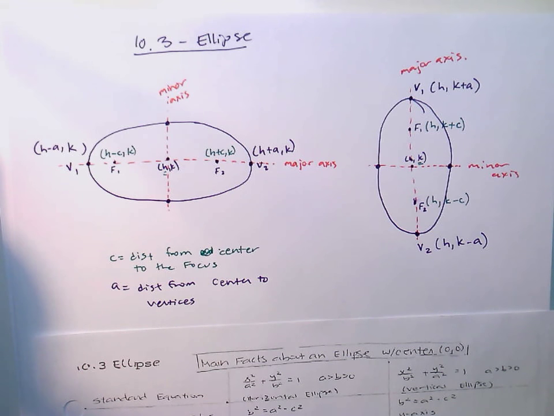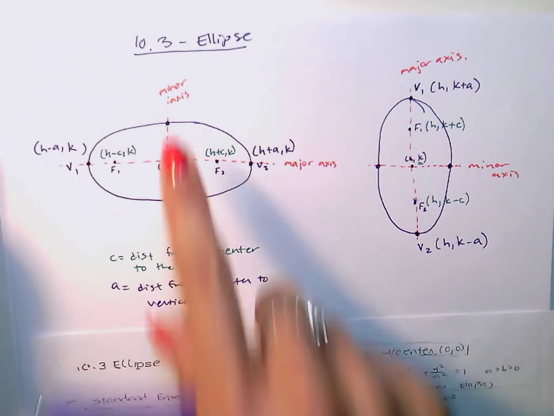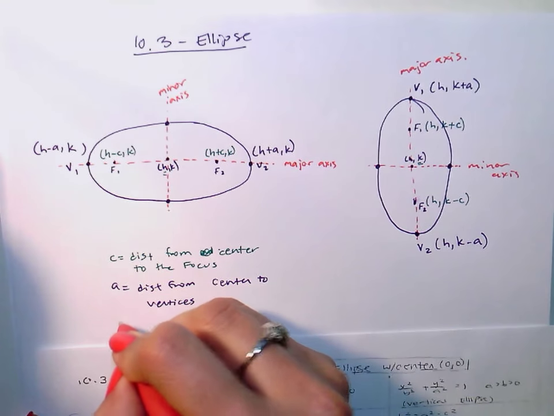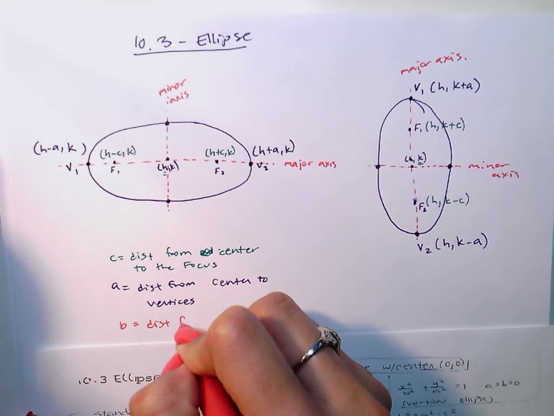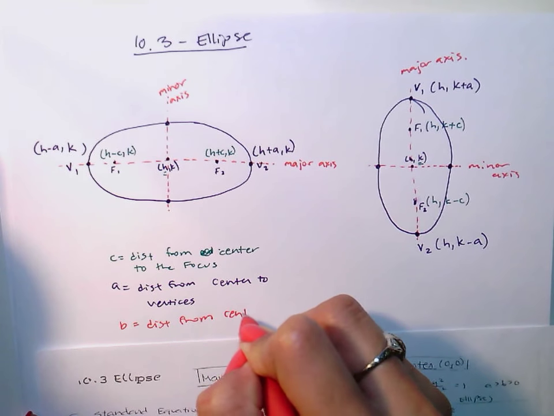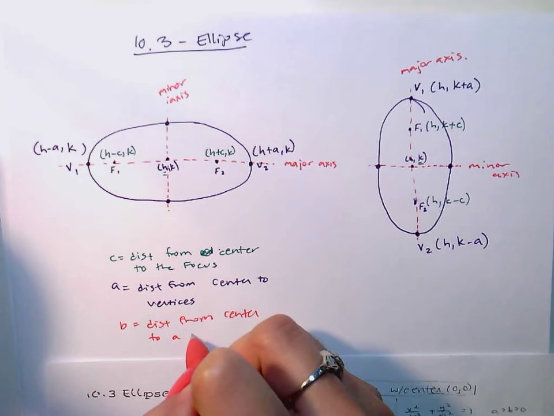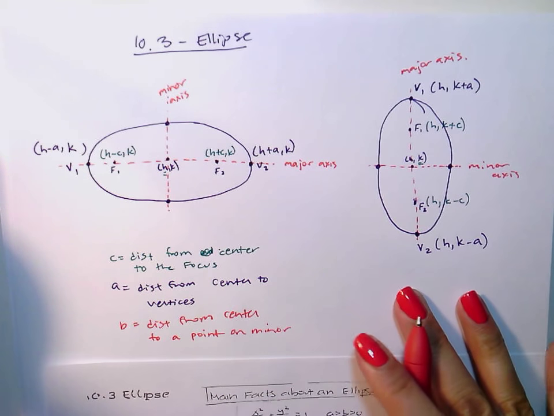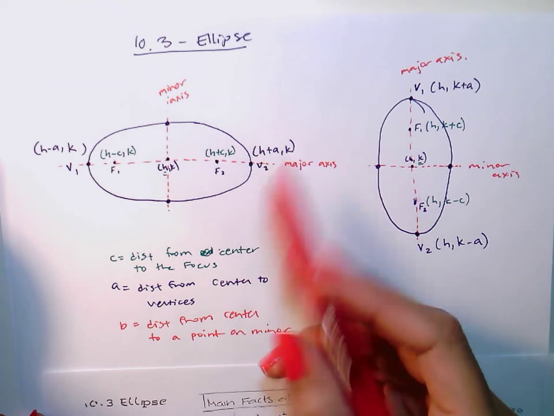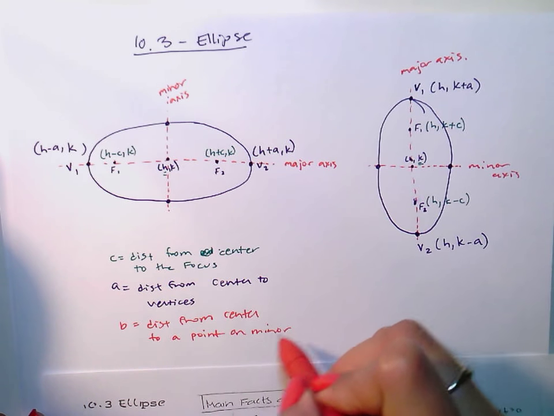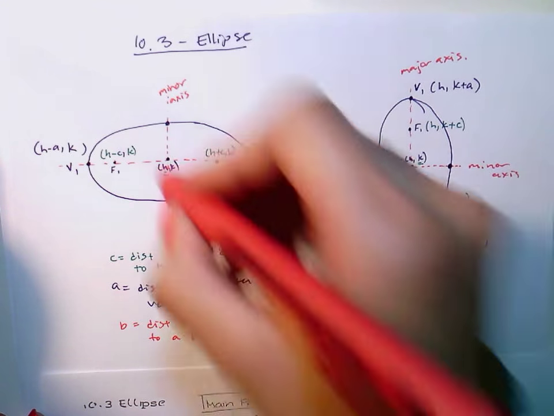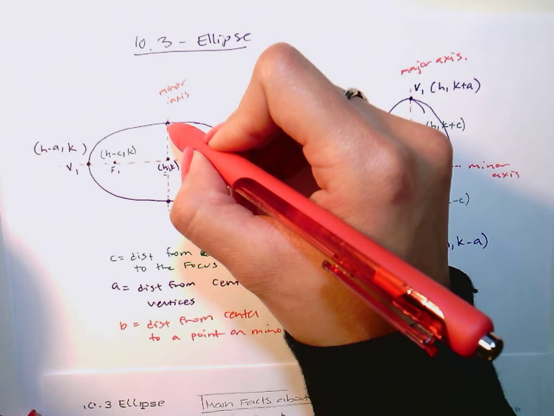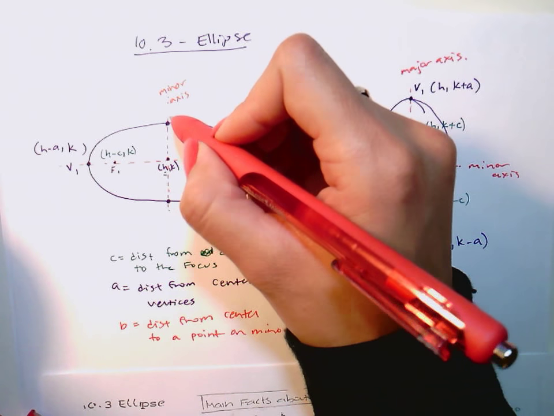The distance between the center and the minor axis is equal to b. So b is the distance from the center to a point on the minor axis. We don't actually have a name for this point, but we can give it a label. That means that if the distance between here and here is equal to b, we're going b up.